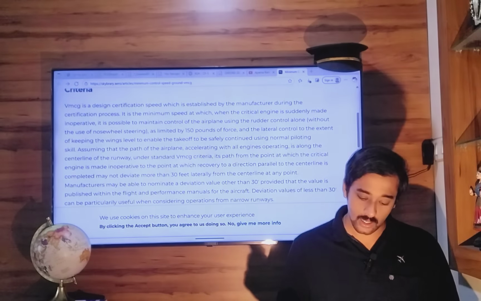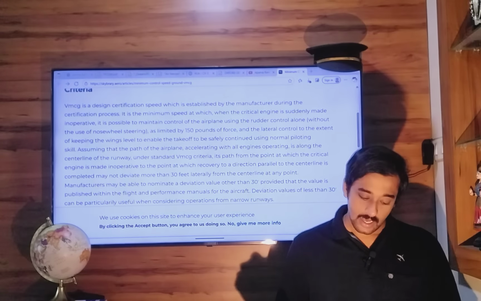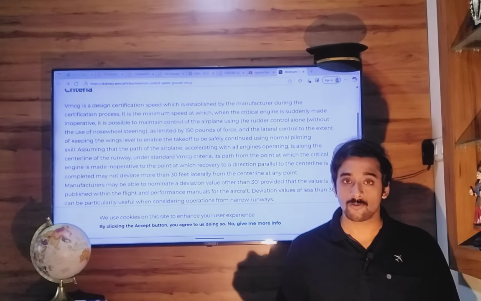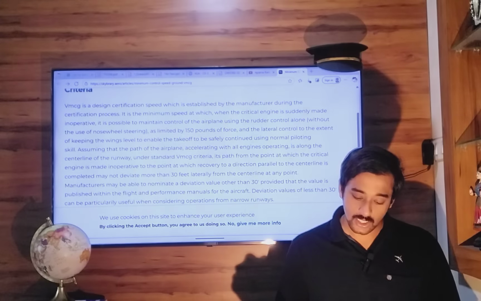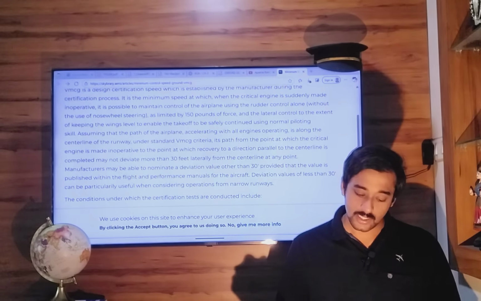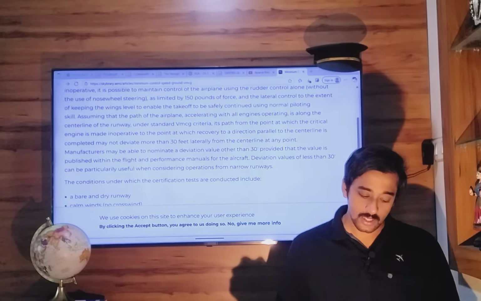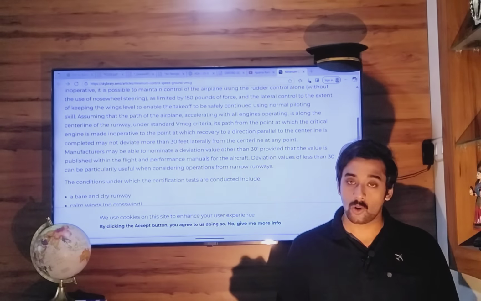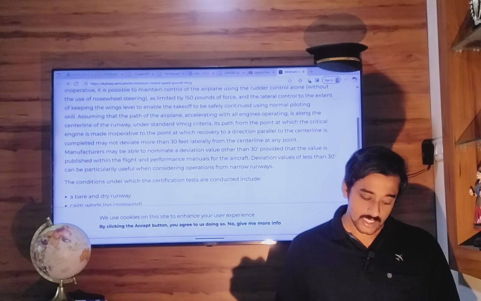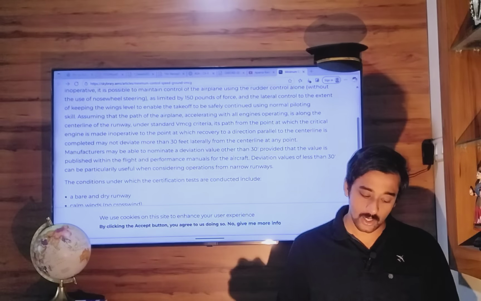Okay, so just the rudder control without the use of nose wheel steering, as limited by 150 pounds of force, and the lateral control to the extent of keeping the wings level to enable takeoff to be safely continued using normal piloting skill.